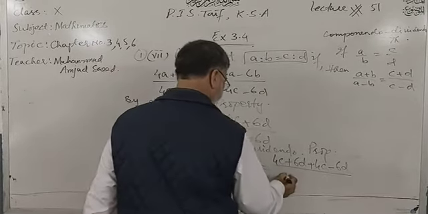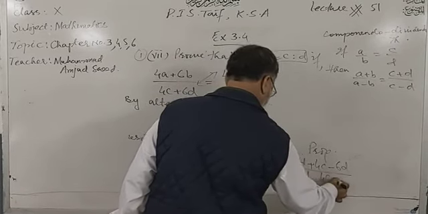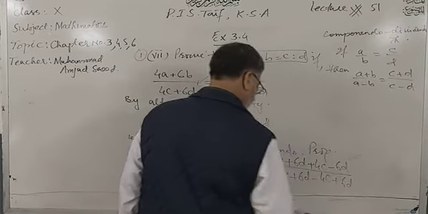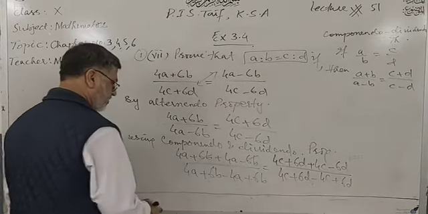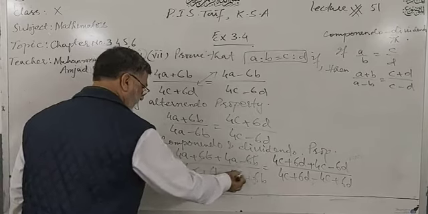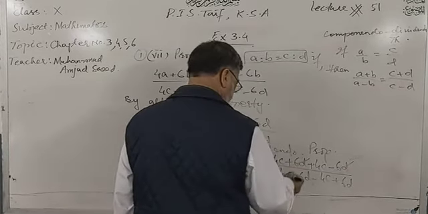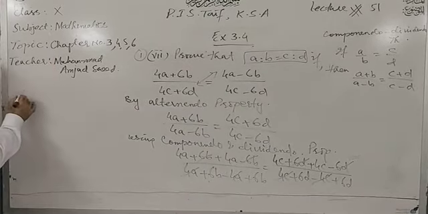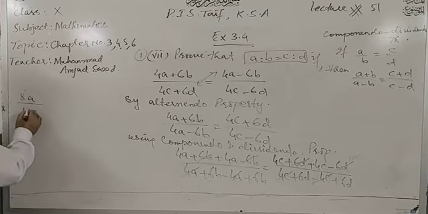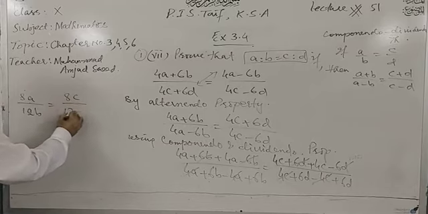Here is 4c plus 6d minus 4c plus 6d. 6b cancelled out, 4a cancelled out, 6d cancelled out, 4c cancelled out. Dear students, we have 8a over 12b is equal to 8c over 12d.